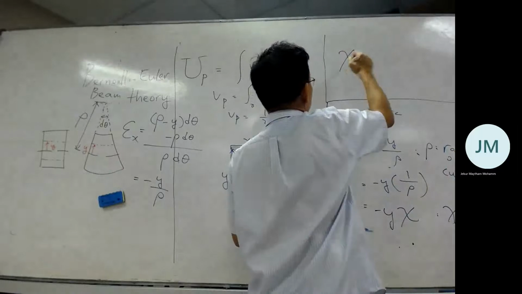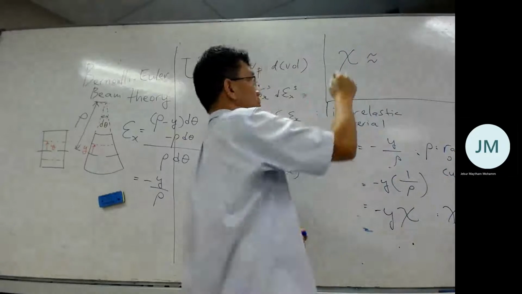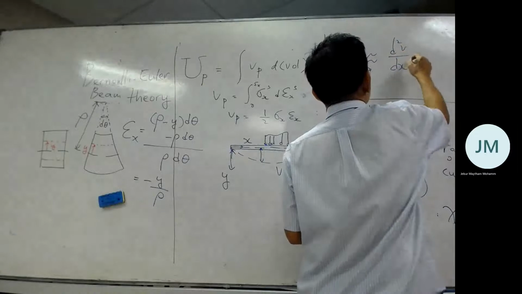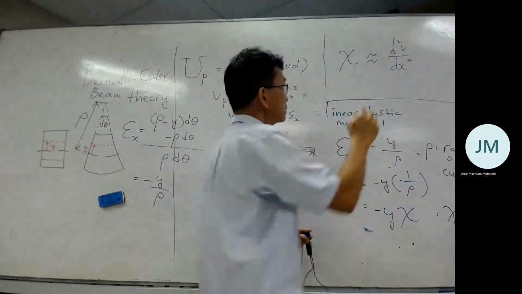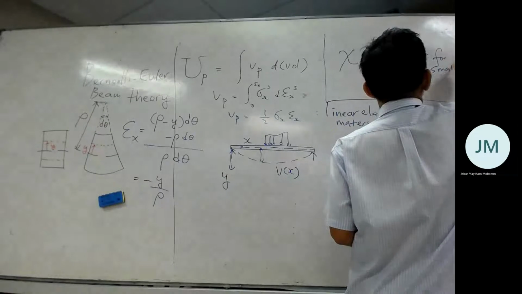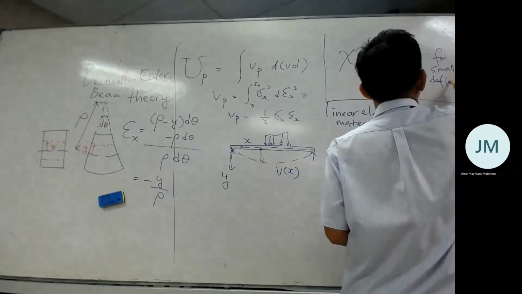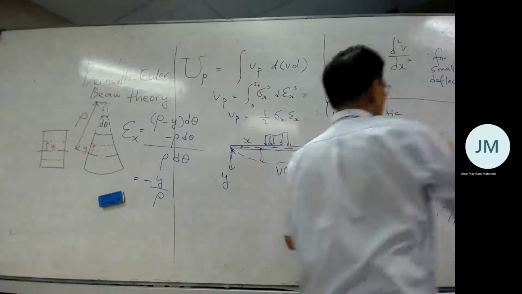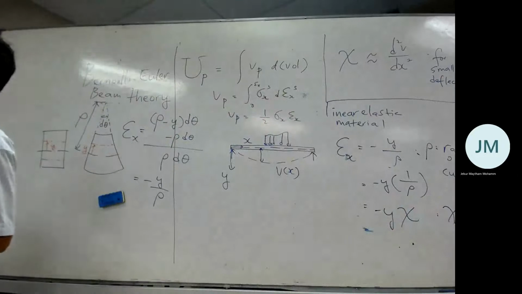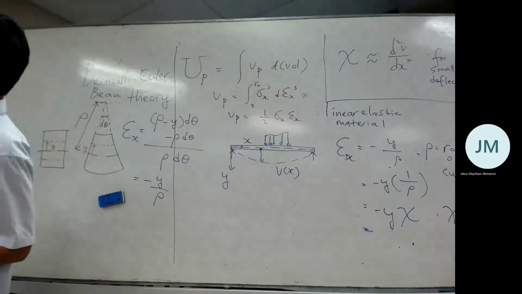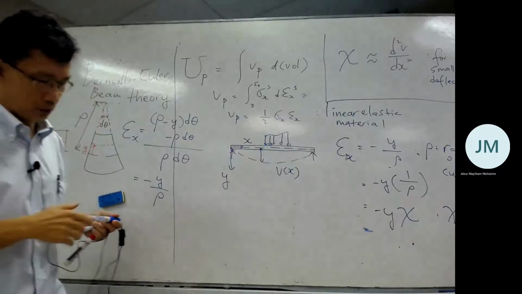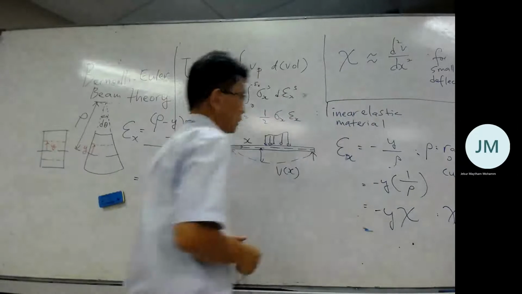So curvature is approximately equal to d2v dx2. This is for small deflection, which is the normal problem that we look at, the linear elastic small deflection problem.